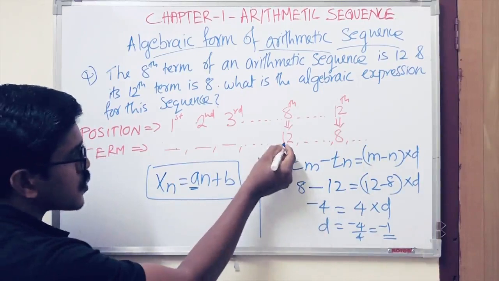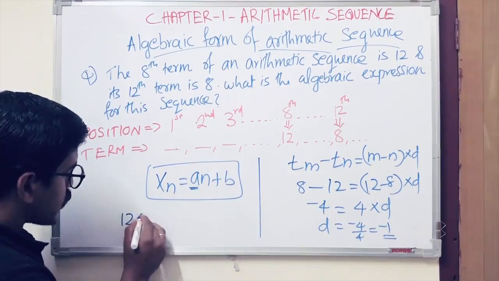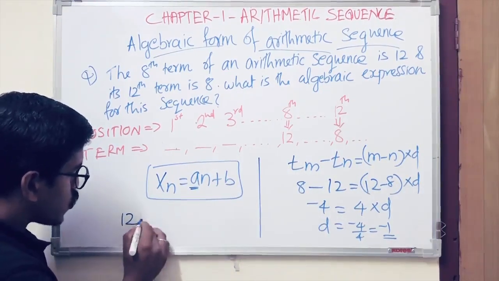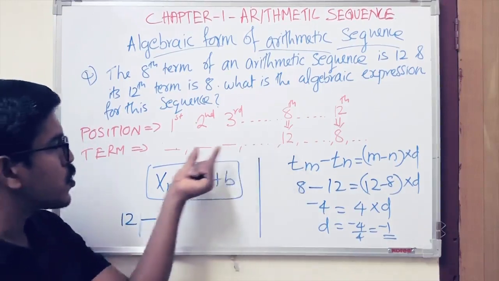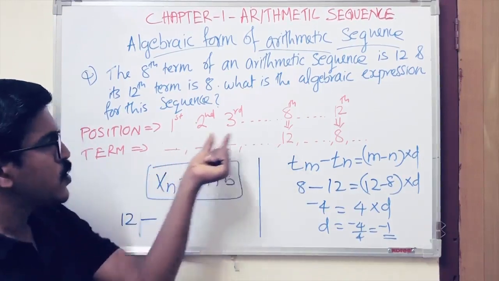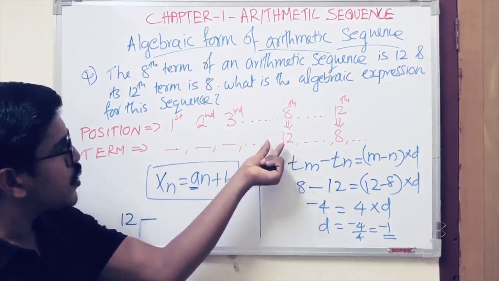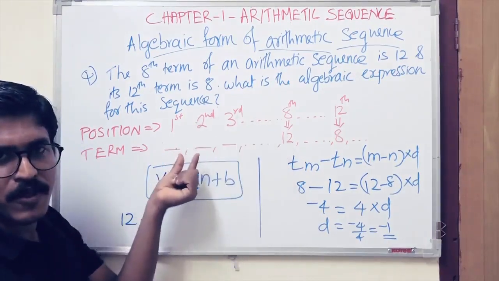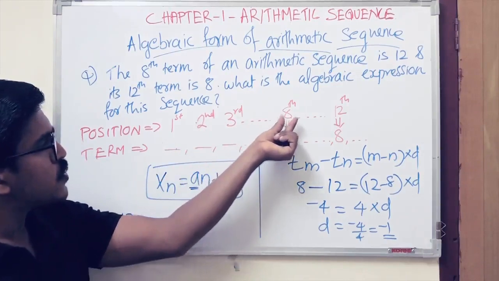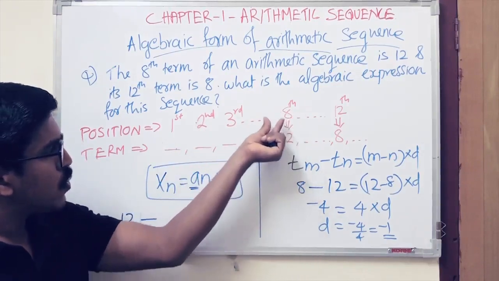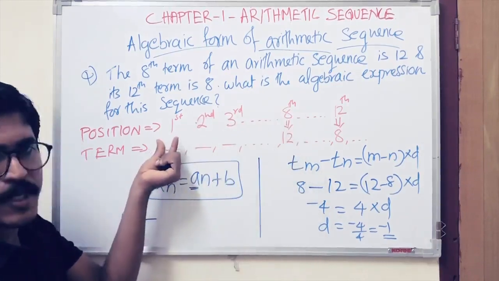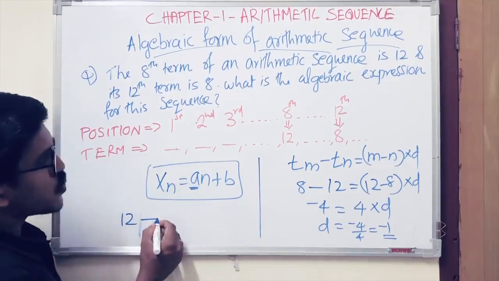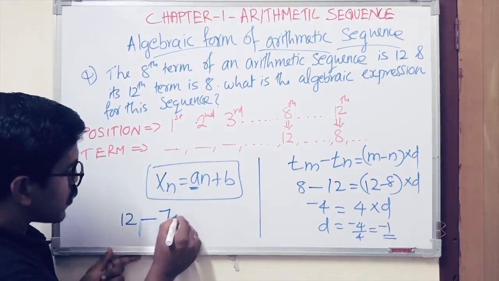So this 8th term is 12, and we need to subtract because we need to find the first term. How many common differences do we need to subtract? 7 common differences, because we have 7 terms on the back side.